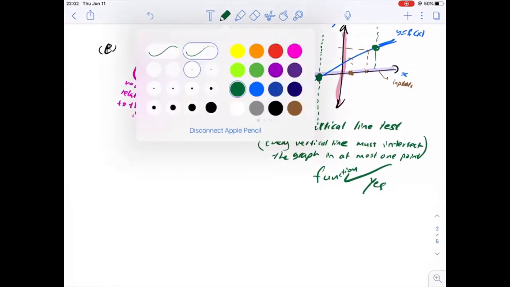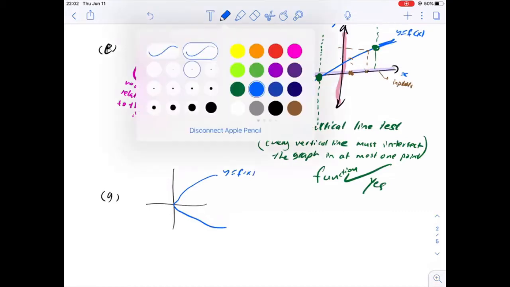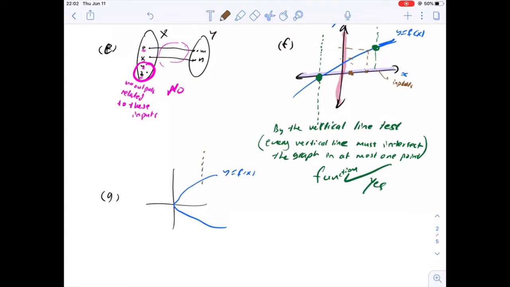What about this? I give you this graph. Is this a function? Now we try the vertical line test. If we graph a vertical line here, it will intersect the graph in more than one point, here and here. So it does not pass the vertical line test.